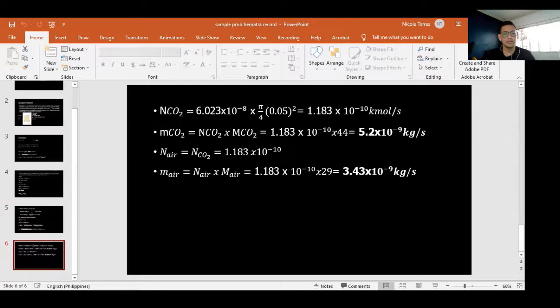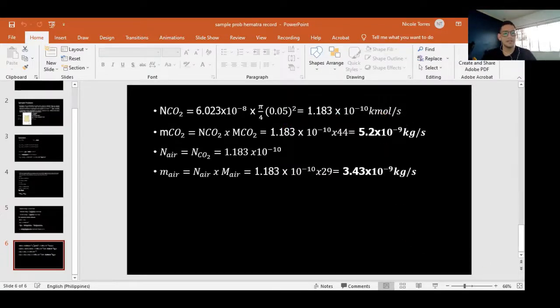Then we multiply the answer by pi over 4 times 0.5 squared. So our answer becomes 1.183 times 10 raised to negative 10 kilomoles per second.